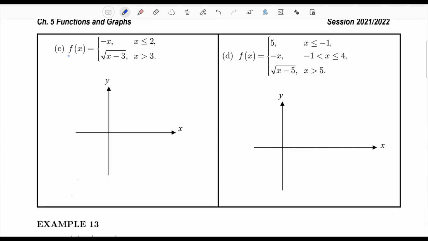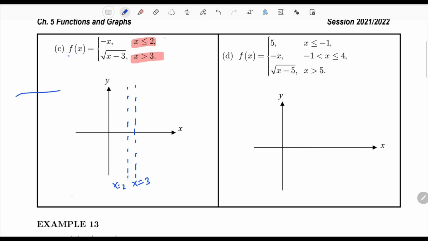C, f(x) equals negative x when x is less than or equal to 2, and square root of x minus 3 when x is greater than 3. So find your x equals 2 and x equals 3. Make sure you use proper scale. Okay, so this is your x equals 2, and then we have x equals 3.